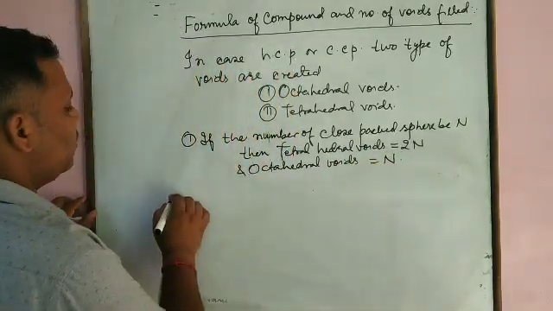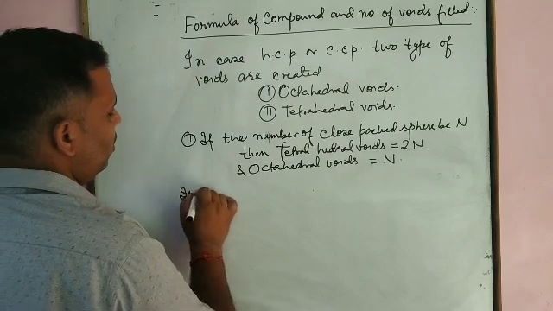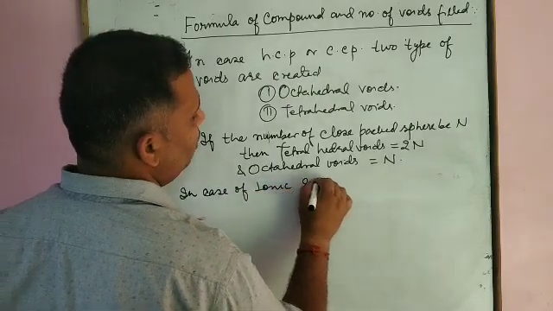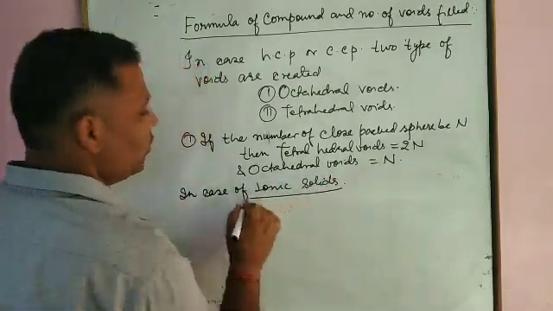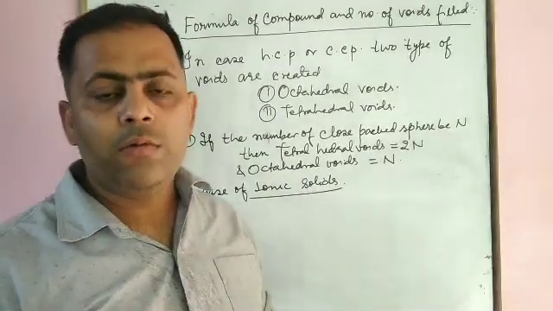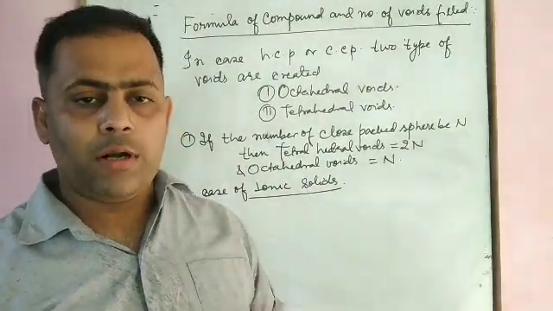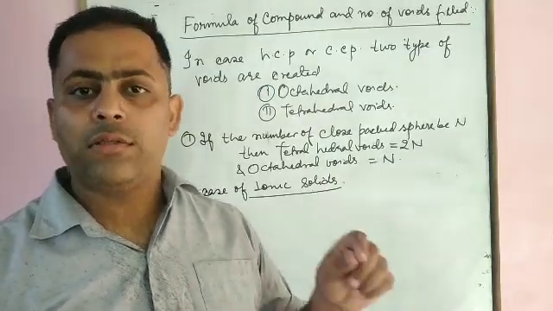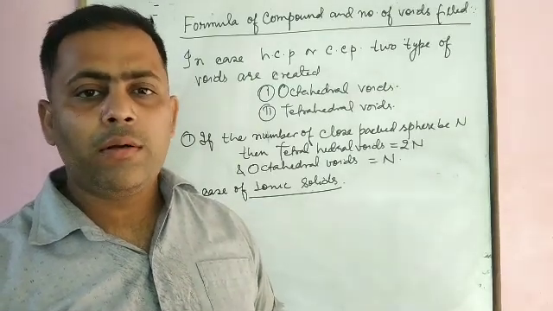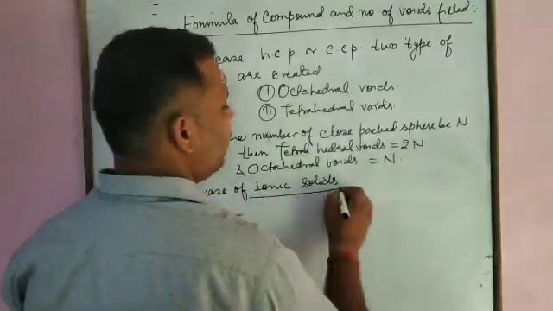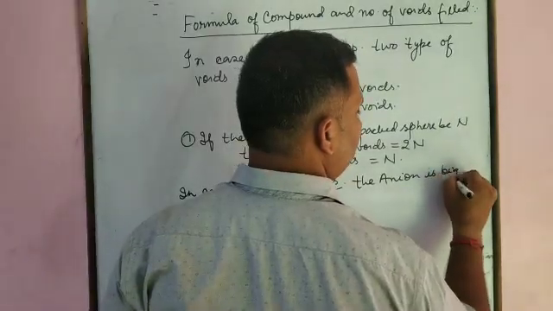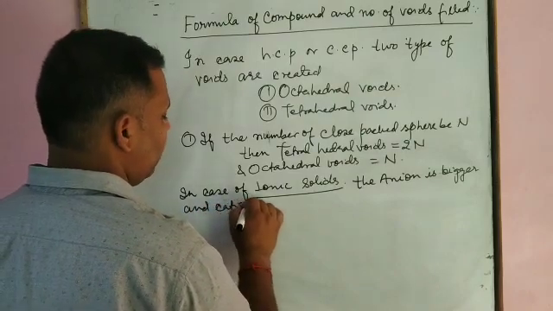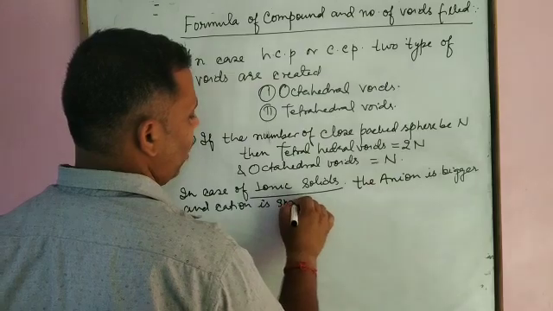Clear? In case of ionic solids, we know the anion is bigger and the cation is smaller. Therefore, the cation occupies the voids. Clear?